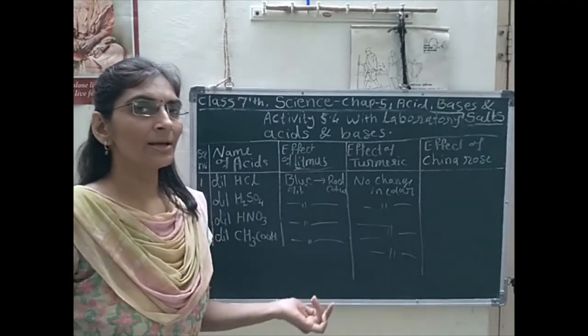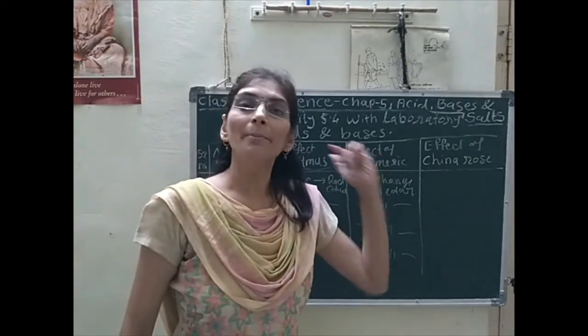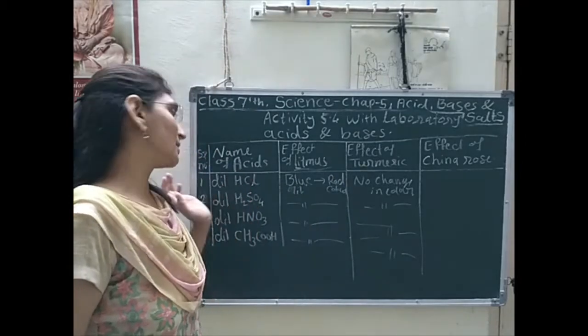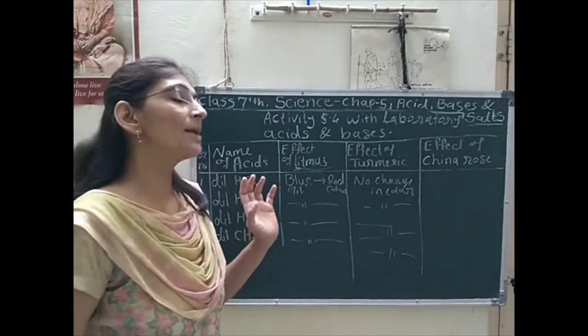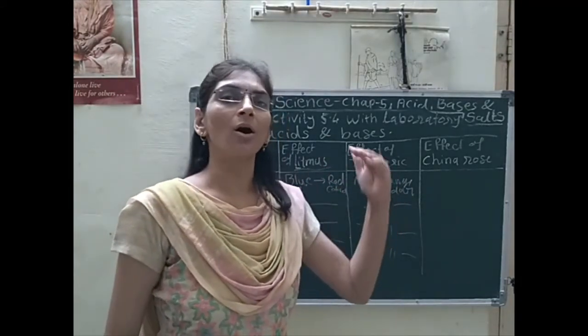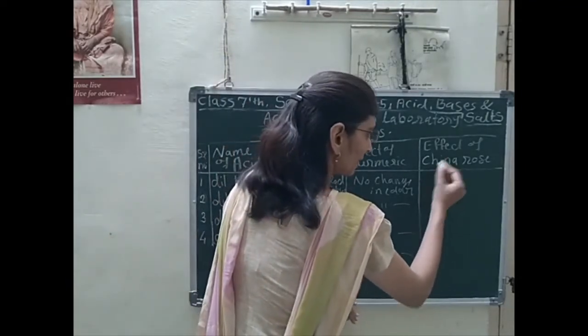Initially the China rose indicator was pale pink in color. But when it is reacted with the dilute acid, what will happen? It will turn into dark pink or reddish pink color. So what will be the observation?